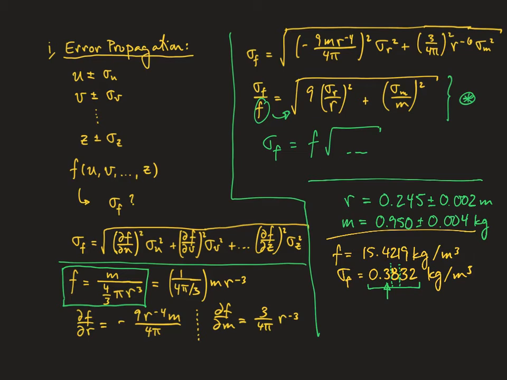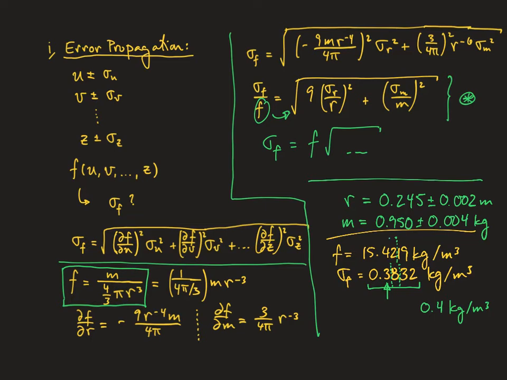That's probably fine. So we're going to take sigma sub f to be 0.4 kilograms per meter cubed. Now the key here is that we're going to truncate f to the same decimal place as we truncated sigma f. If we kept 2 sig figs, then we're going to truncate it to here, like 15.42 plus or minus 0.38.